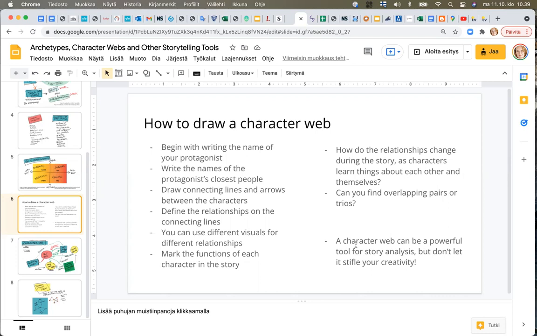But if you use this too early on, for instance, before you even start writing the story, then it might stifle your creativity. It might take away your spontaneous reactions when you write and when you find out things. So a small warning to this.